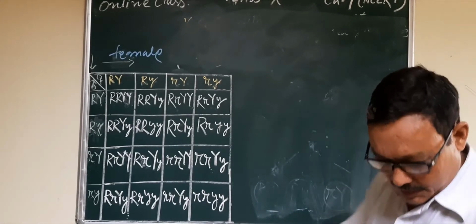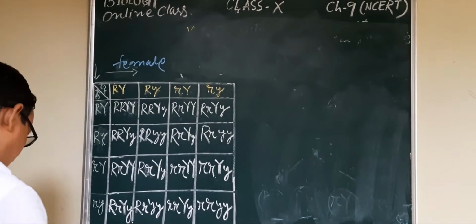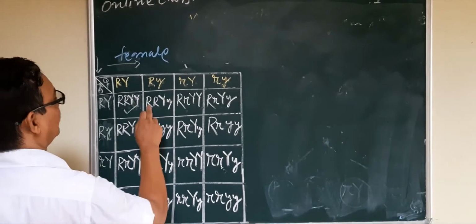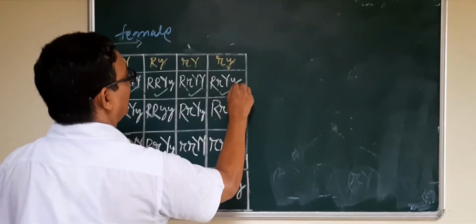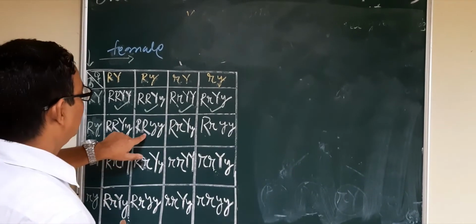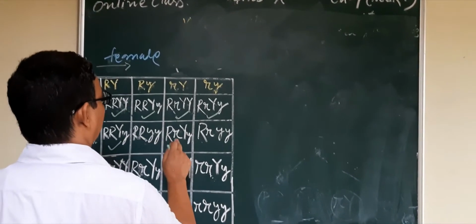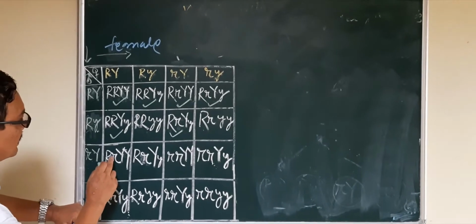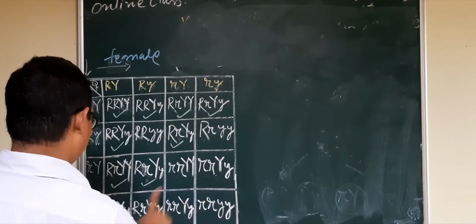How will you write here? Select the first one: it is round yellow. This is round yellow, this is round yellow, this is round yellow, this is round yellow, this is not round yellow. Now come to this side: round yellow, not round yellow, round yellow, round yellow, not, round yellow.